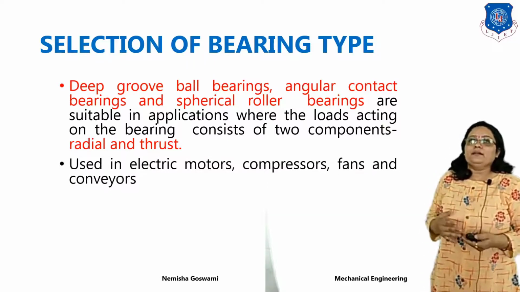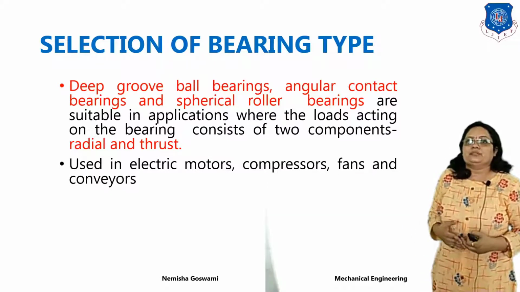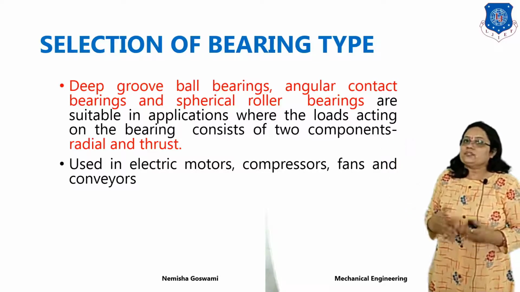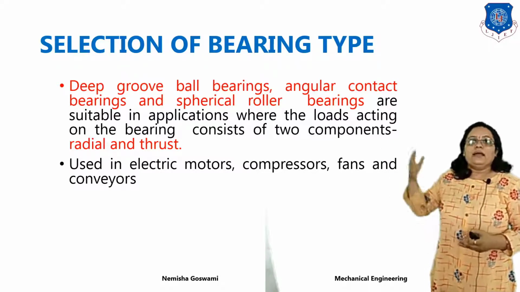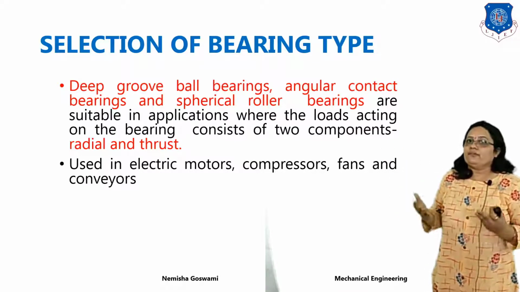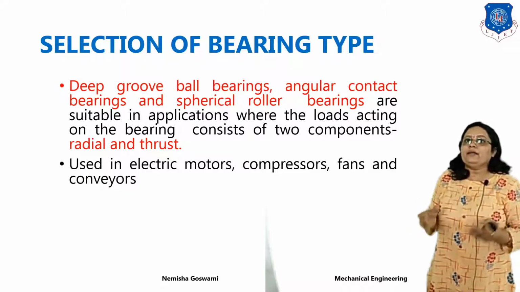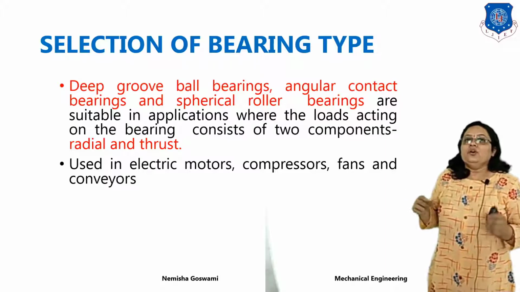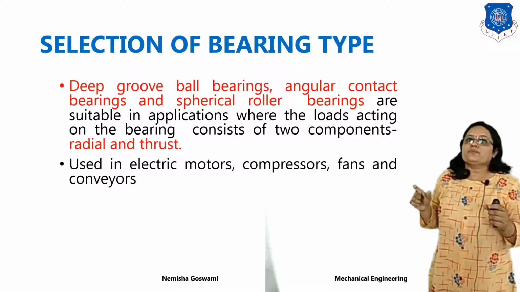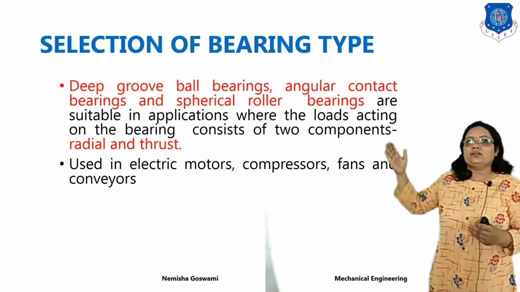Now, practical applications. Generally these are used in electrical motors, compressors, fans, and conveyors. We know all these are equipment where we use a shaft, and for supporting the shaft we use bearings.